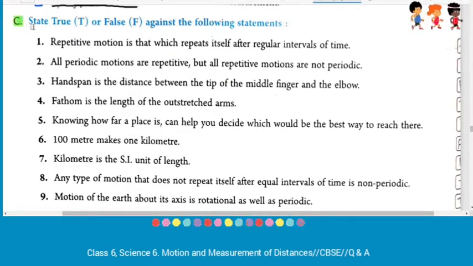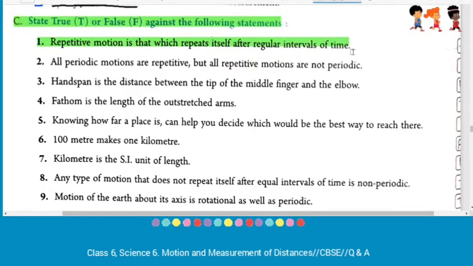Section C. State true or false against each of the following statements. First one, the repetitive motion is that which repeats itself after regular intervals of time. Answer is true.